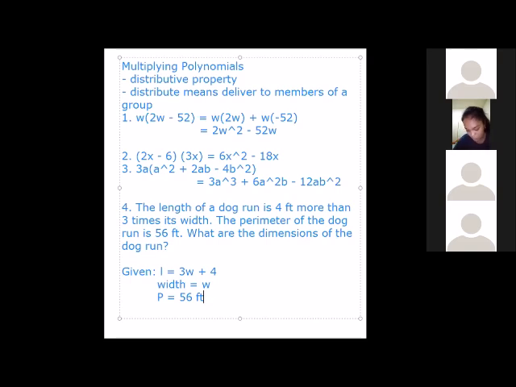Now, what are the dimensions of the dog run? We need here your prior knowledge on dimensions. When we say dimensions, the measures. And when we talk about perimeter, anyone can share? What does it mean when we have the perimeter? What are we referring to?